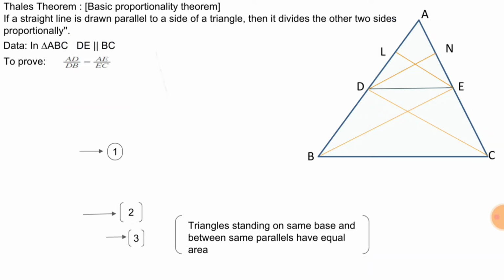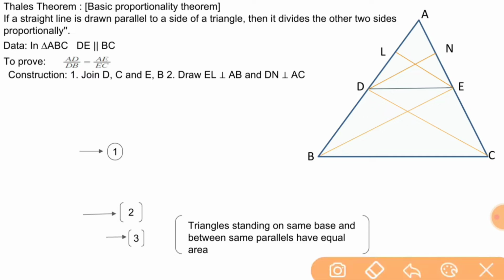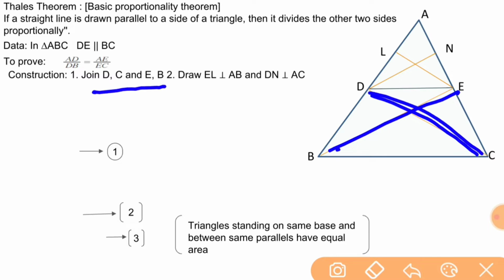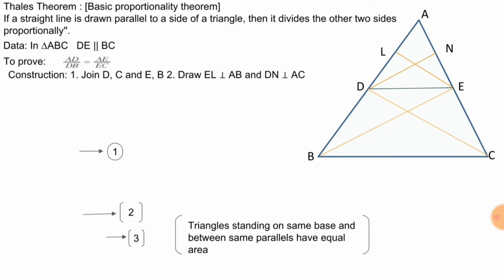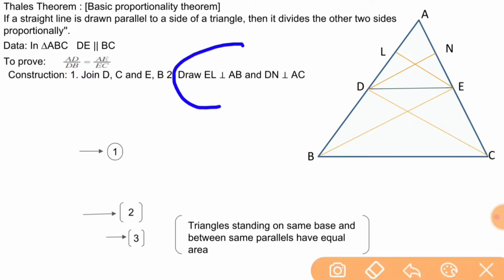Next is the construction. In the construction, we join DC and BE. After joining these, we draw EL perpendicular to AB. Where is EL? The orange colored mark here is nothing but the construction part.